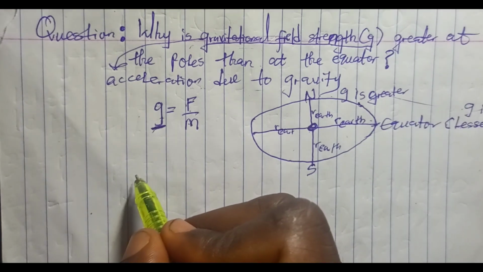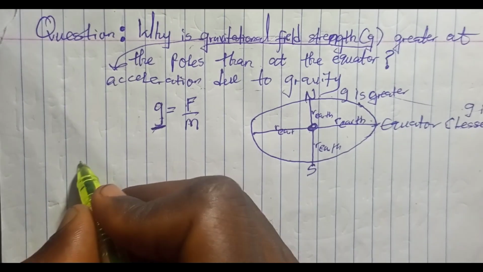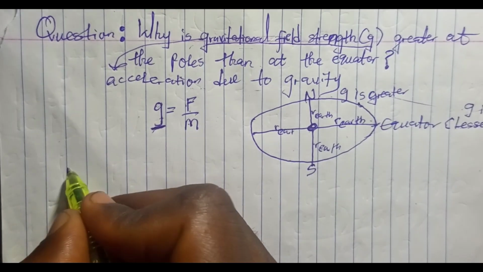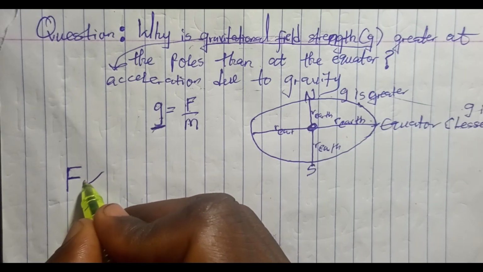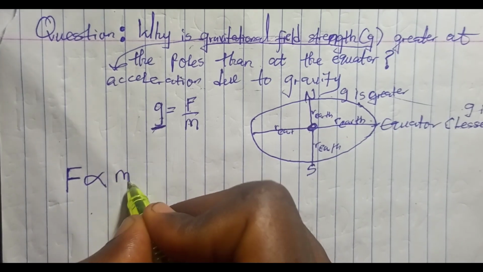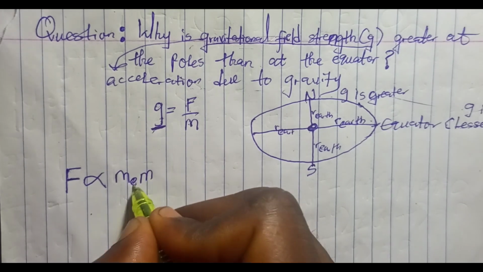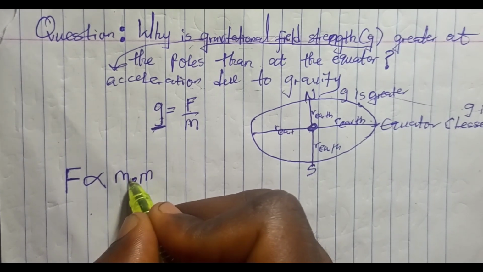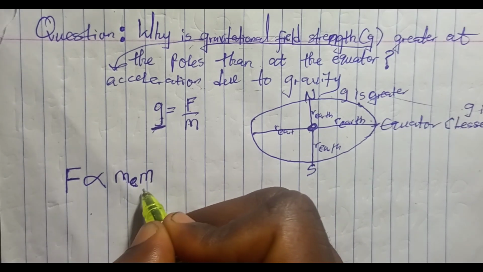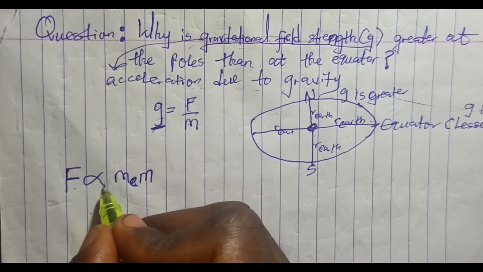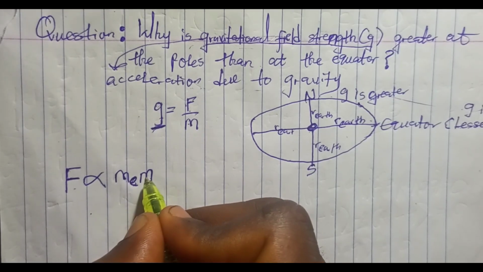Now, from Newton's law of universal gravitation, Isaac Newton stated that the force of attraction between two masses is directly proportional to the product of the masses. Let's say, for instance, the mass of the Earth and another mass, say you who are watching this video.